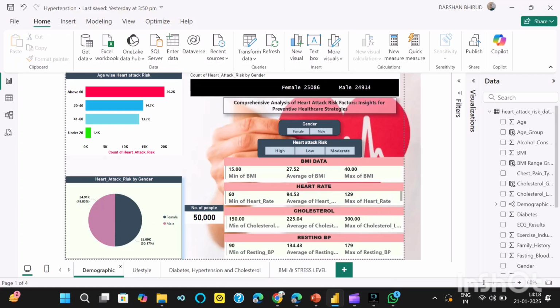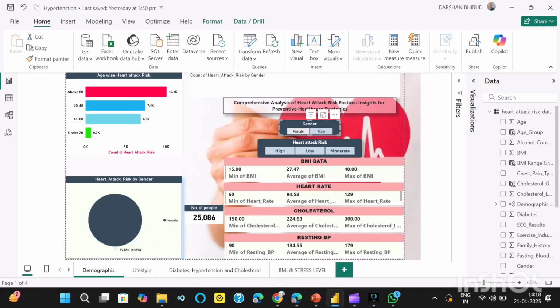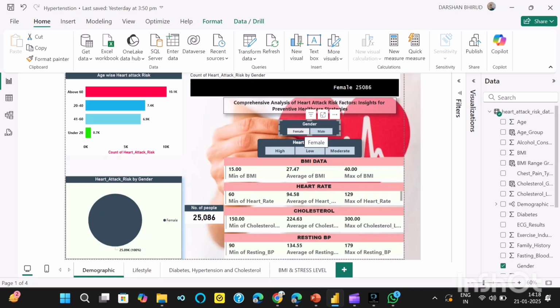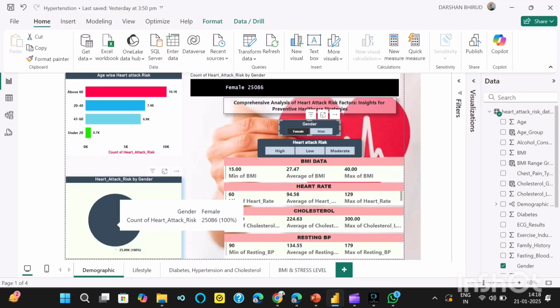Looking at the dashboard, I added one banner which shows the number of female and male individuals when you click on the particular slicer. If I click on female, you can see the females number 25,086. You can see it in a pie chart also.